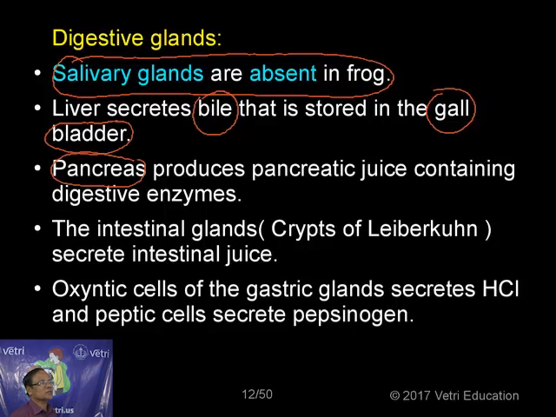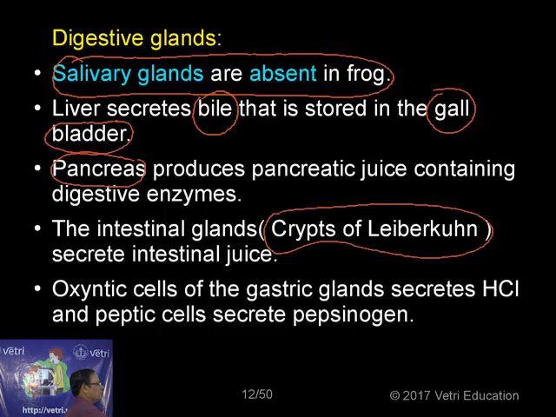Then we also have the wall of the intestine internally. If you make a cross section of the intestinal wall, it contains a number of glands. The glands are responsible for secreting the enzymes, what we call intestinal juice. Together, these are called crypts of Lieberkuhn.